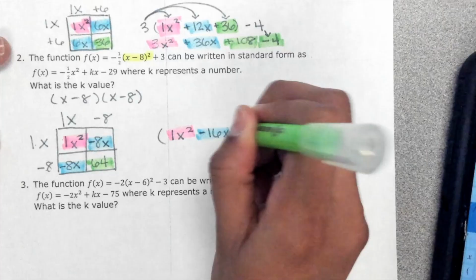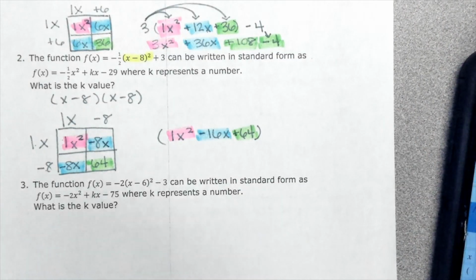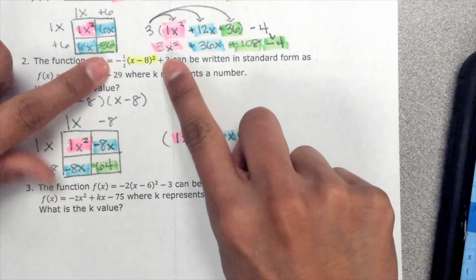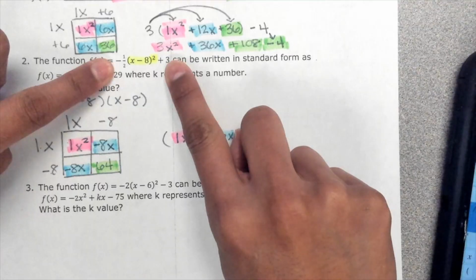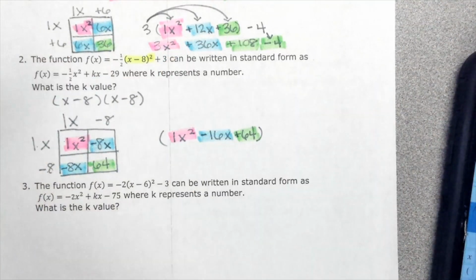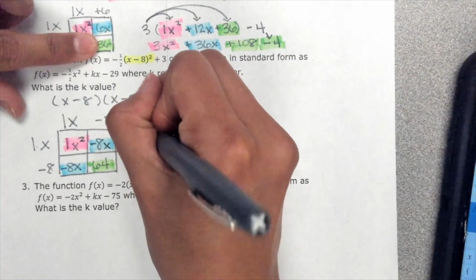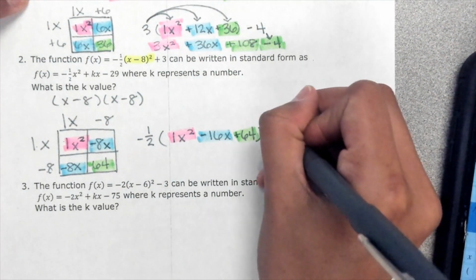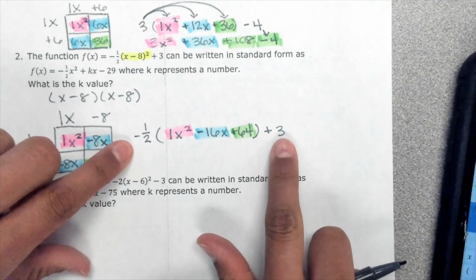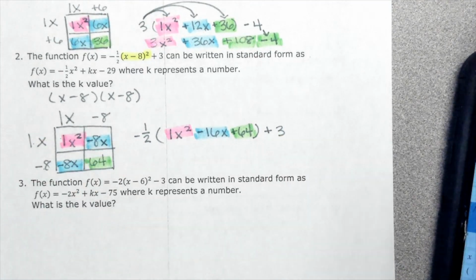Positive 64. All right. So now we are going to add back in these two numbers on the outside because we still need to simplify this and take care of those two numbers. So we have a negative 1/2 in front of our parentheses. And we have a positive 3 on the outside of our parentheses in the back.